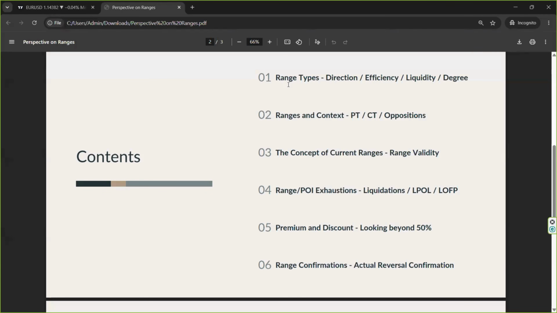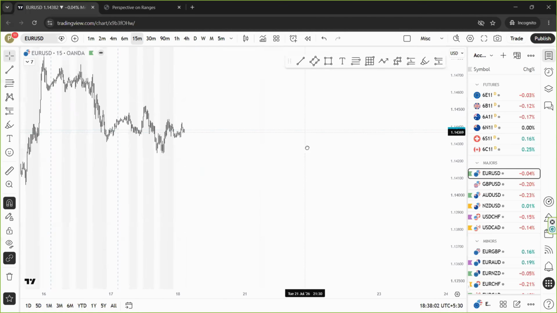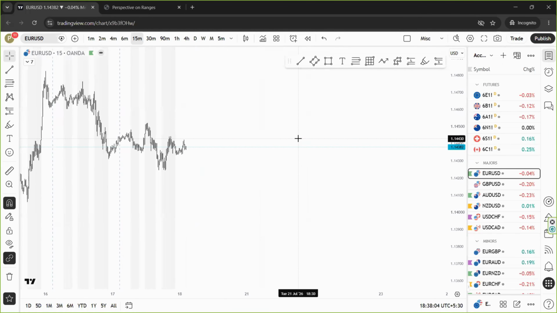So we talked about range types, and now we are going to talk about context and ranges. This is pretty self-explanatory. You have pro-trend and counter-trend as context, and then the impact of opposition. When you talk about being pro-trend versus counter-trend, I don't think it's exactly suitable if you only think about direction.